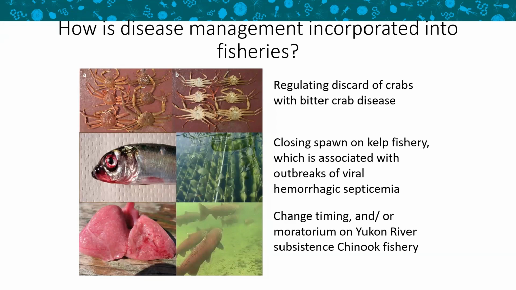Initially, there were changes to the timing of the fishery so that fish were caught before the outbreak occurred. And now there's a 7-year moratorium on the subsistence Chinook fishery, which has huge impacts for native Alaskans that live up there and rely on this fishery, but is at this point considered the only way to help the fishery recover.